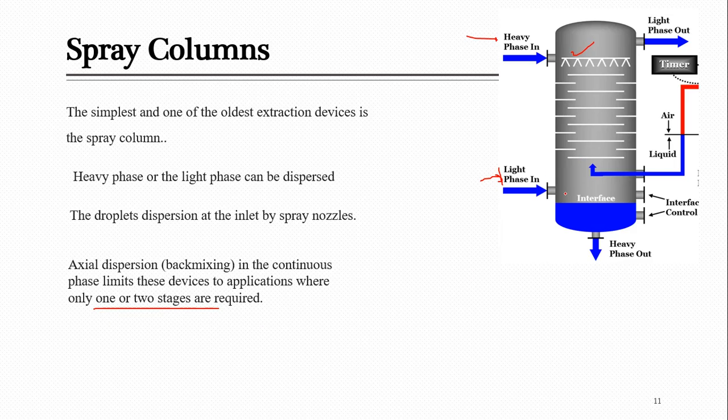The other problem which you come across is back mixing, or axial dispersion. Hopefully you are aware of this, but I will tell you quickly. As I said, this is the solvent, definitely moving in the upward direction, and the heavier feed is coming in the downward direction. Suppose this solvent, when it was passing from this point, picks up or attracts some components from the feed.